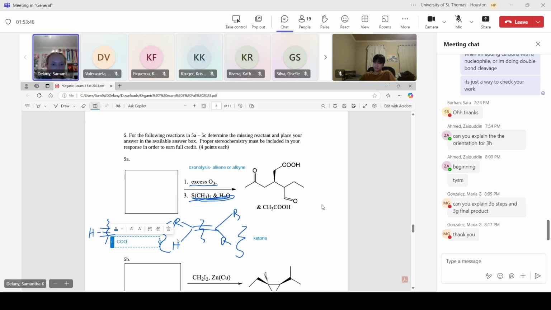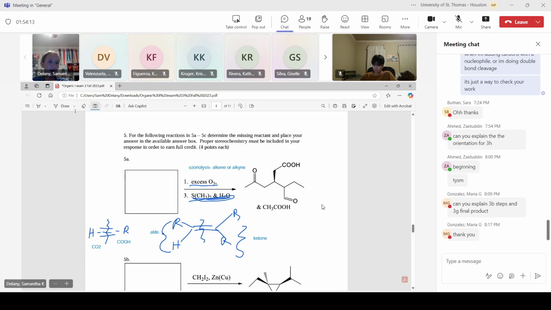When it cleaves, it makes a carboxylic acid on one side, and let me see if I think about it. It should also make formaldehyde on the other side. I think it makes a carboxylic acid, or it keeps oxidizing to CO2. I think it keeps oxidizing to CO2.